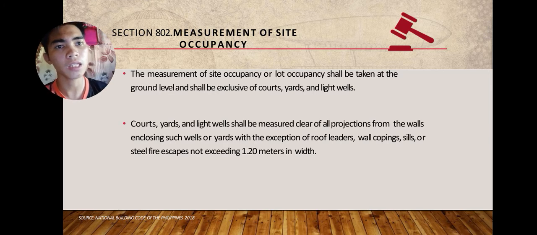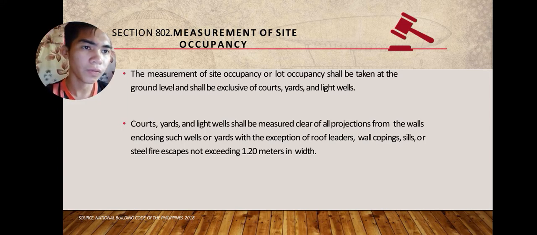In section 802, measure of site occupancy, the measure of site occupancy or lot occupancy shall be taken on ground level and shall be exclusive of courts, yards, and light wells. And courts, yards, and light wells shall be measured clear of projections from the walls enclosing such courts or yards, with the exemption of roof leaders, wall copings, sills, or steel fire escapes not exceeding 1.2 meters in width.